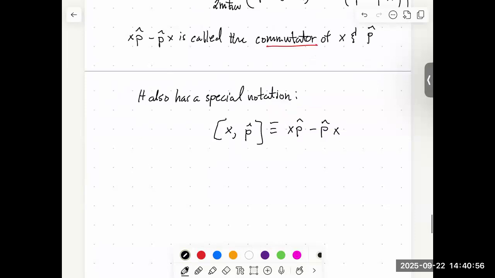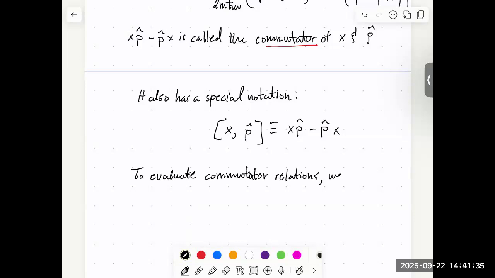Okay. So we would like to know if there's a way that we could evaluate this commutator and write it in a simplified form. So to evaluate commutator relations, the strategy is the following. And this is a general strategy. There are lots of commutator relations, not just x and p hat, and so this strategy applies to all of them.